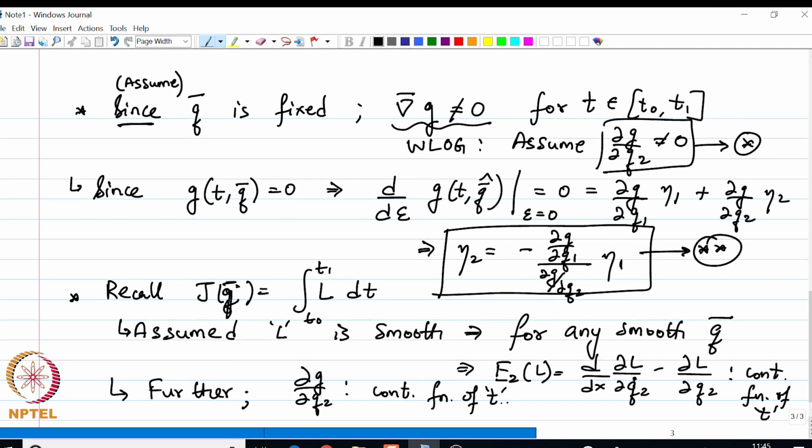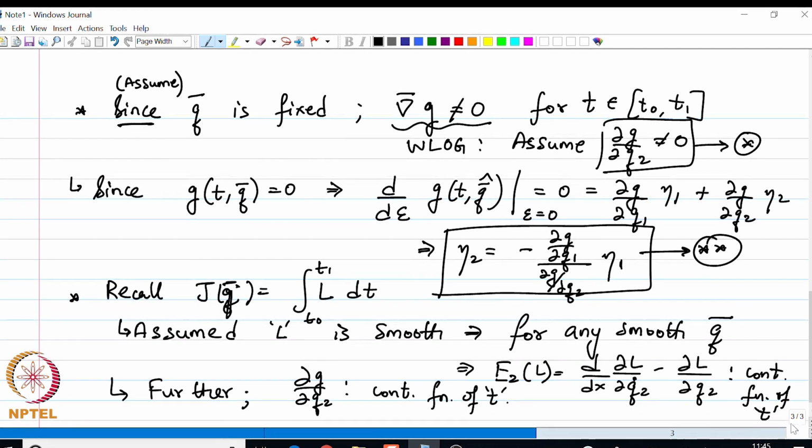So, both are continuous functions of t, which means that we can express one continuous function in terms of the other. The ratio of the two continuous functions will also be a continuous function.